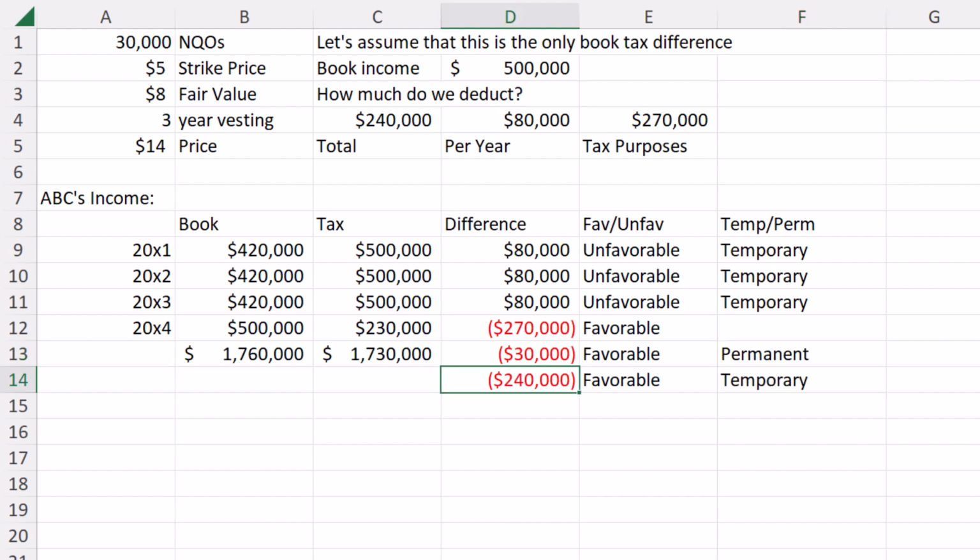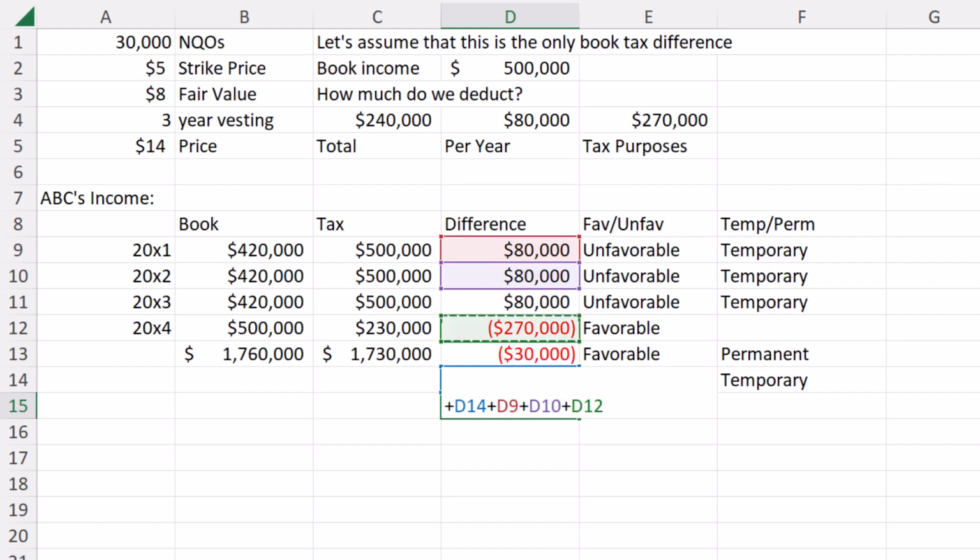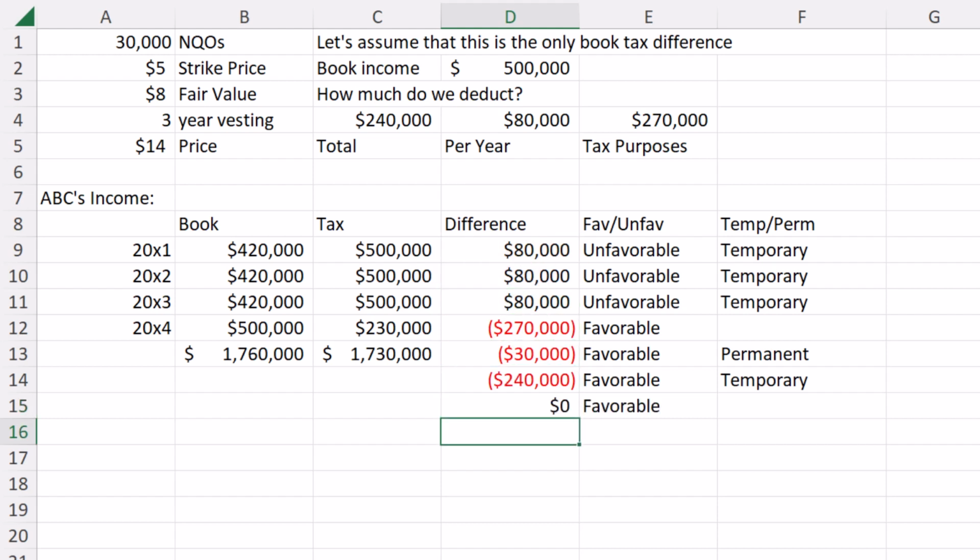So if I subtract that, 270,000 favorable overall difference, and we take out the $30,000 permanent portion, we end up with a $240,000 temporary portion. Now this should make sense because if I take this temporary amount and I add all the other temporary amounts that we had, so these were all temporary as well, we come down to zero.